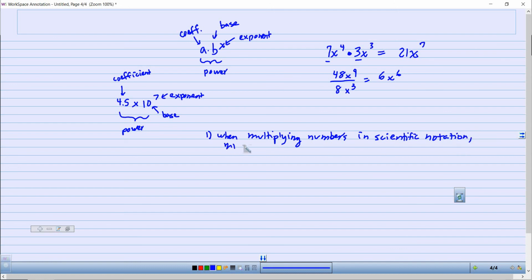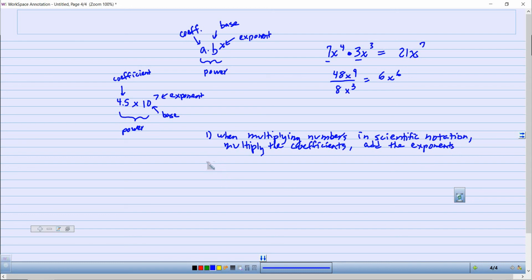We're going to multiply the coefficients and we are going to add the exponents.